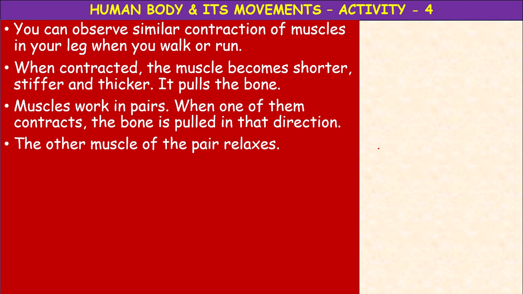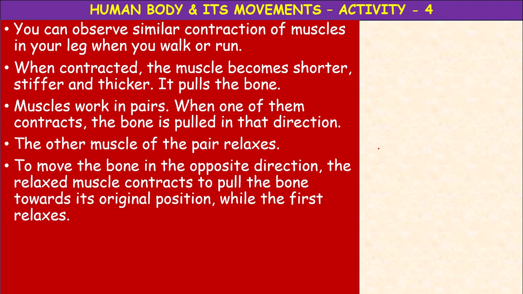Okay, the muscles work in groups, work in pairs. So when one of the muscle contracts, what happens? The bone is pulled in the particular direction. The other muscle of the pair relaxes. So to move the bone in the opposite direction, the relaxed muscle contracts to pull the bone towards its original position, while the first one relaxes.